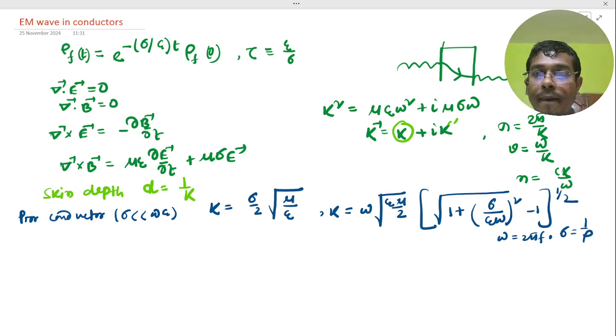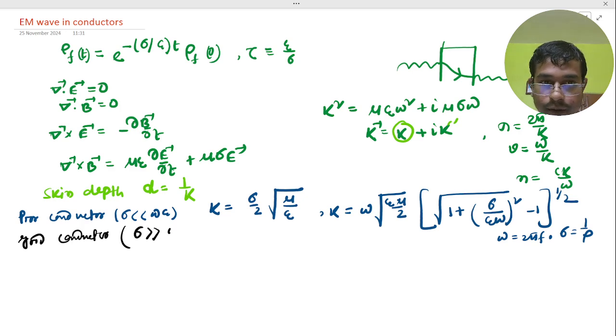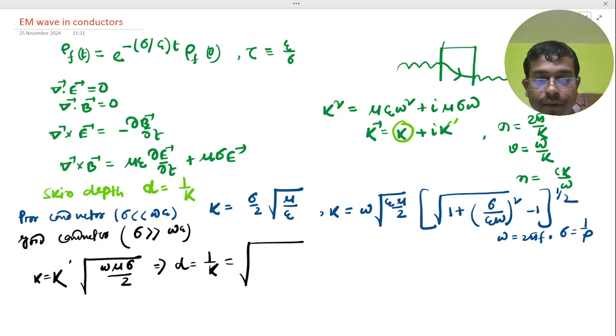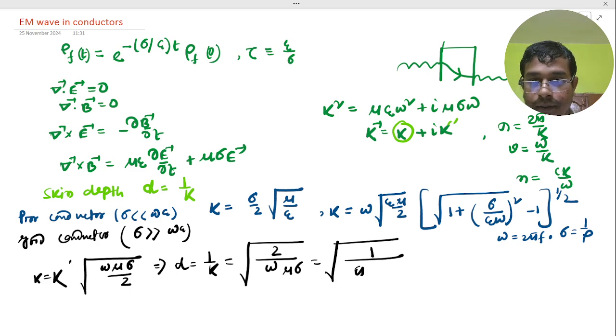And for the other one, the good conductor, where sigma is greater than omega epsilon, k equals k dashed, root over omega mu sigma by 2. Basically skin depth d equals the reciprocal of k. This formula is very important: 2 by omega mu sigma, which can be written as 1 by pi f mu sigma under the root.